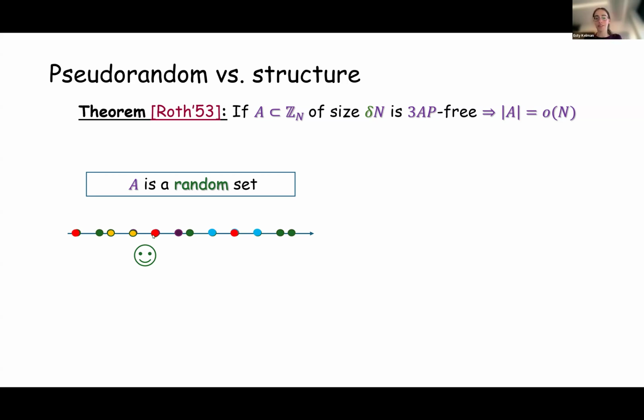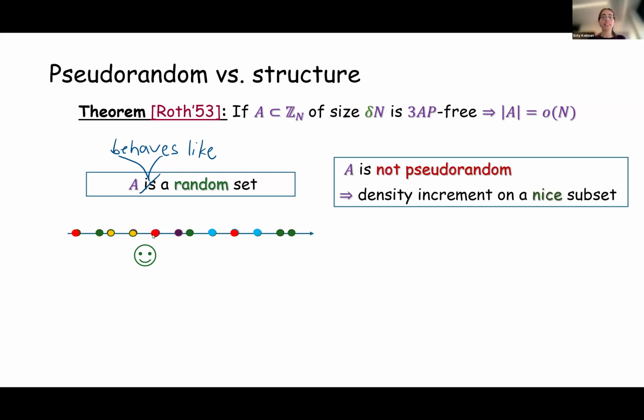When we actually have this problem, we don't have a random A, but we can say, okay, maybe A looks like random. If it looks like random, this is enough for us. It would have 3APs, and we have to say in what sense exactly it looks like random or behaves like random. But let's leave it for later. On the other end, we can say, okay, if it doesn't behave like random, then something else happened that helps us.